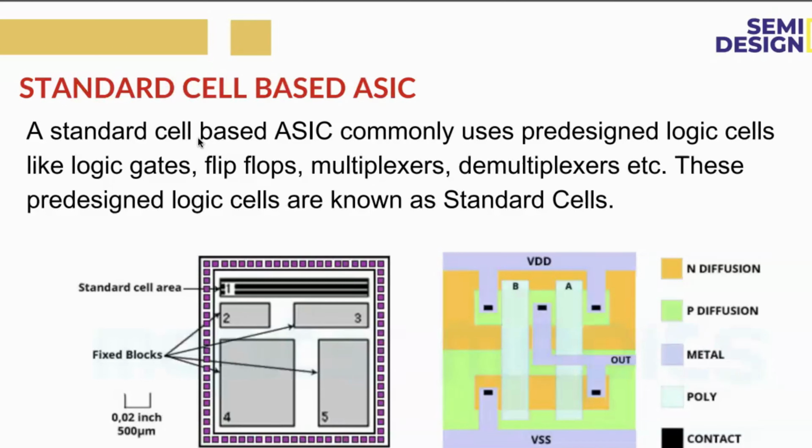Otherwise we have the advantages with the standard cell based ASIC design. In the past, 30-40 years back, companies like LSI Logic or Harris Semiconductor used these standard cell based ASICs. So this is what is meant by standard cell.